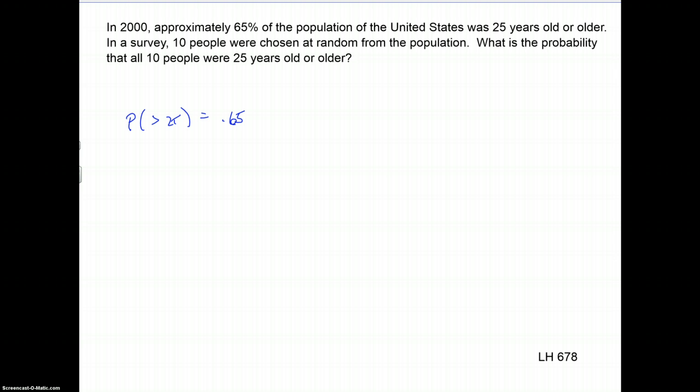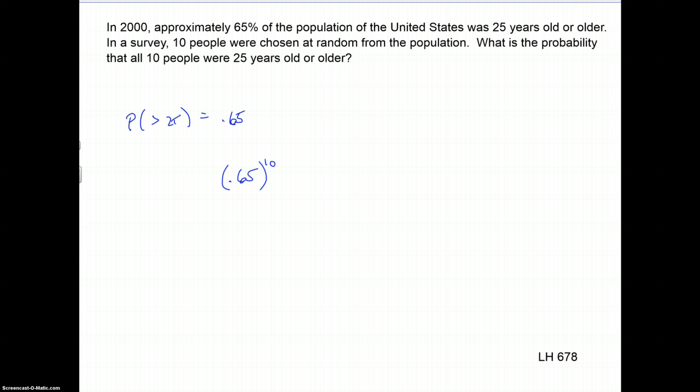So we're choosing 10 of them, so we're going to have to multiply 0.65 10 times. That would give us the probability that they are all 25 years old or older.